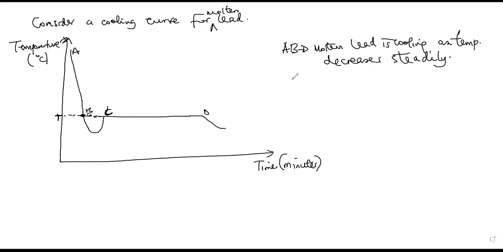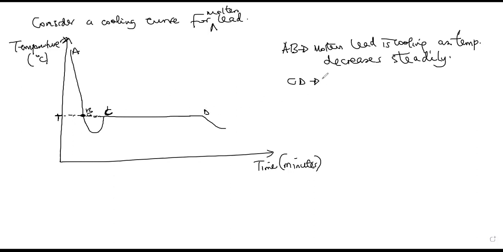Along CD, we have an equilibrium between molten lead and solid lead, and this occurs at constant temperature. That's why you see a constant temperature along CD.